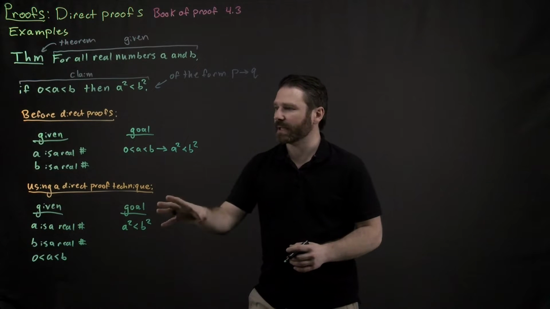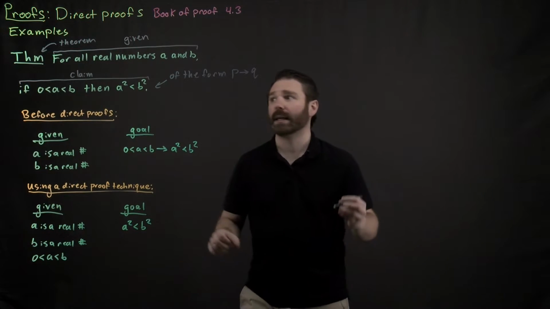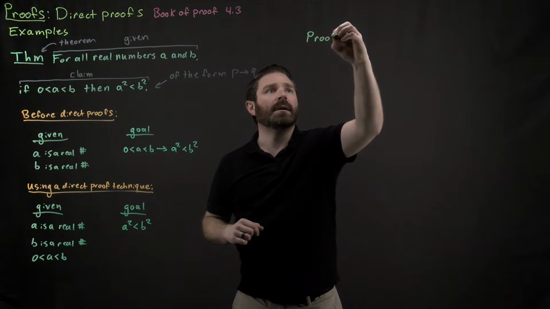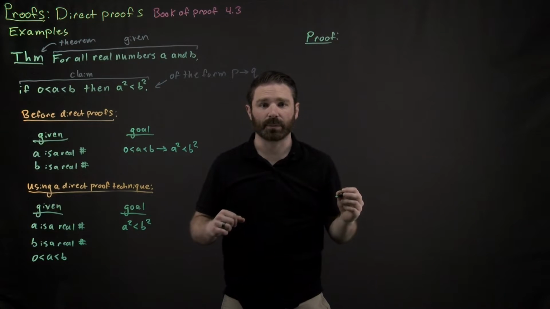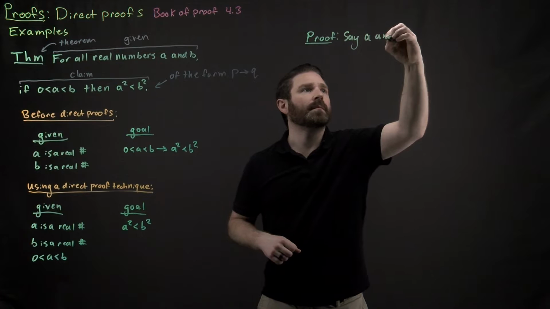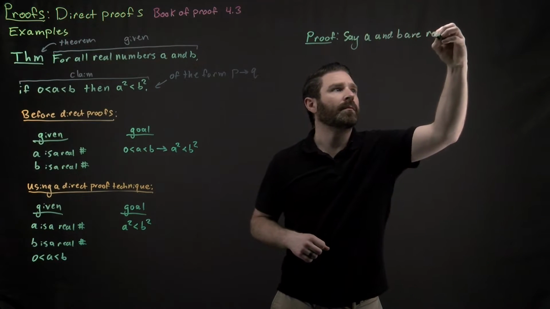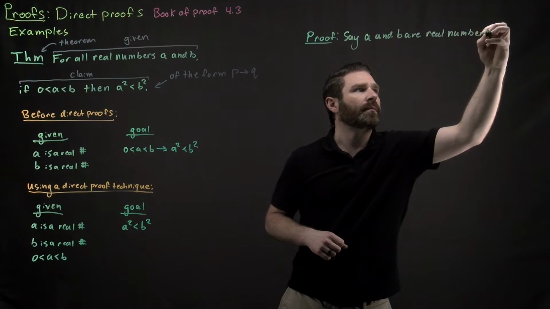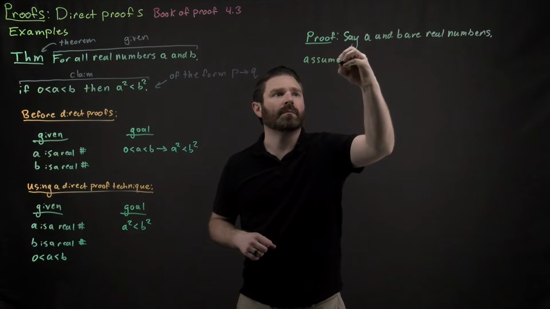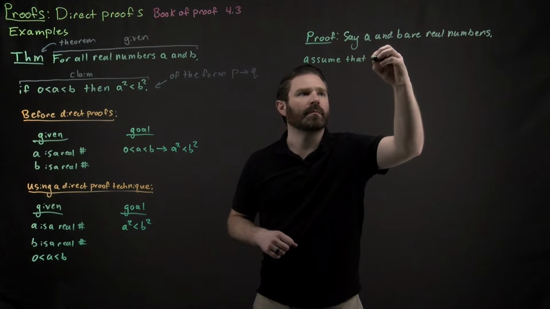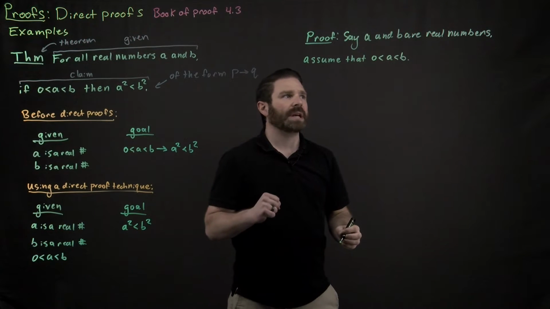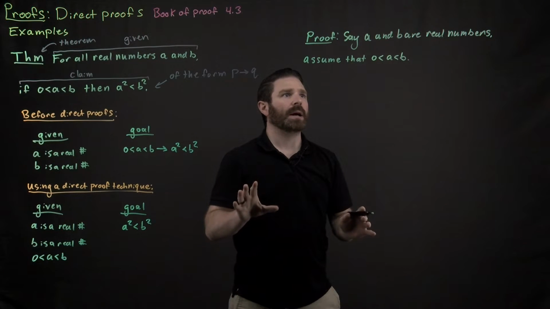So let's actually do this in a formal proof. Let's go ahead and take this theorem and write down its proof. My direct proof starts out with all of my assumptions.